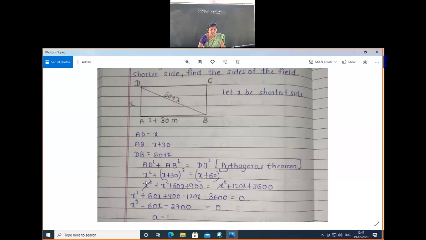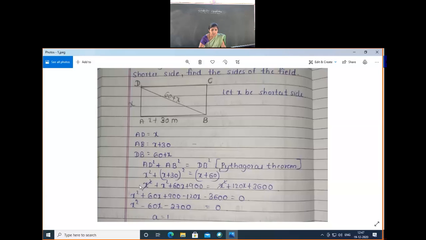Here we apply the (a plus b) whole square identity: x square plus 60x plus 900 is equal to x square plus 120x plus 3600.